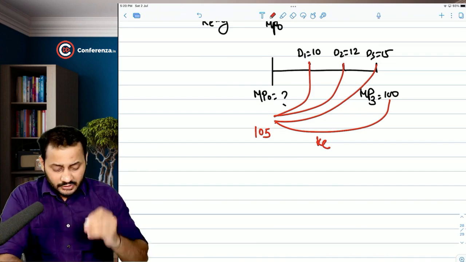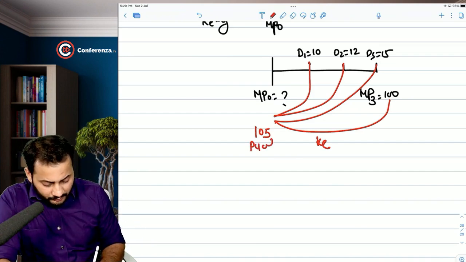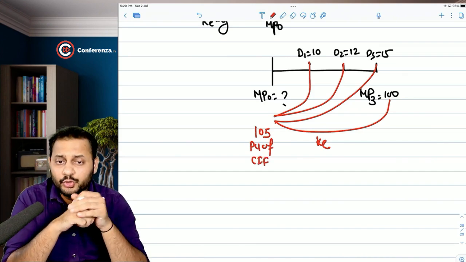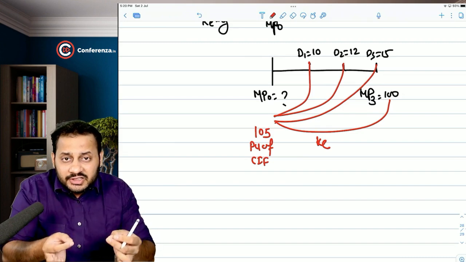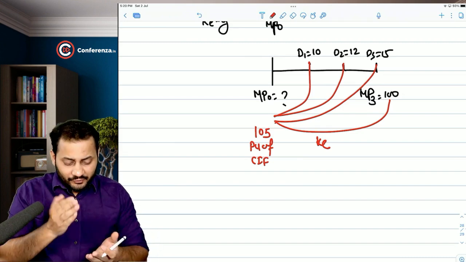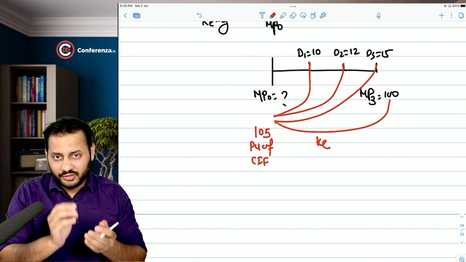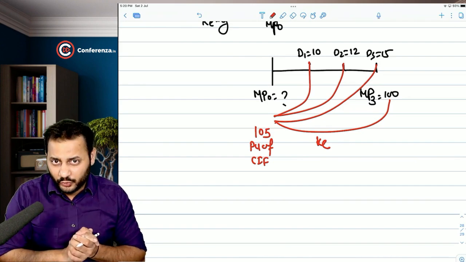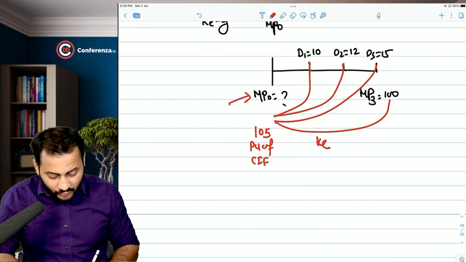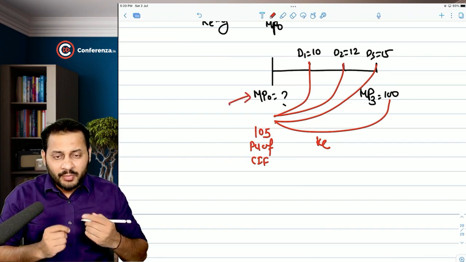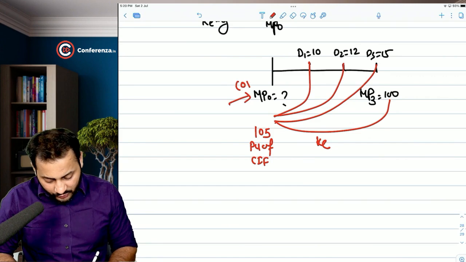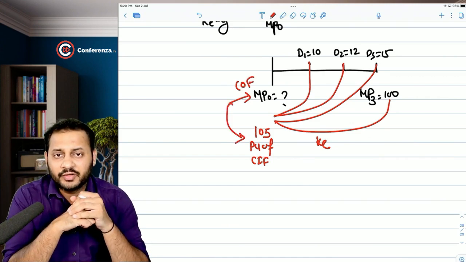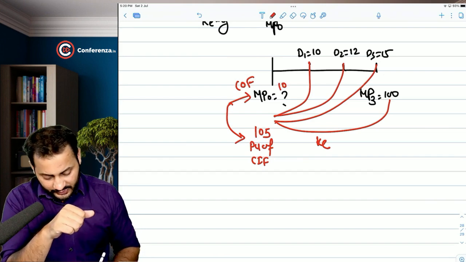That means you are not receiving more than 105 rupees in terms of present value by investing in this share. If your share's value is not more than 105 in today's terms, why would you pay more than that? So automatically the cash outflow today becomes the present value of cash inflow, which is 105.